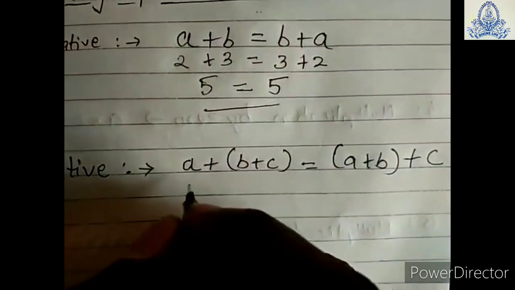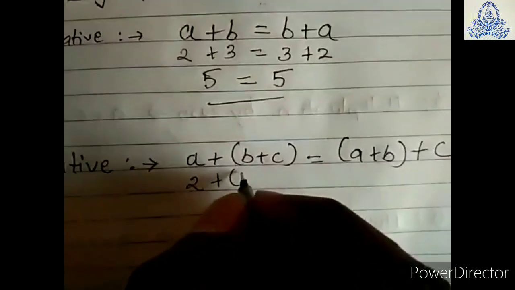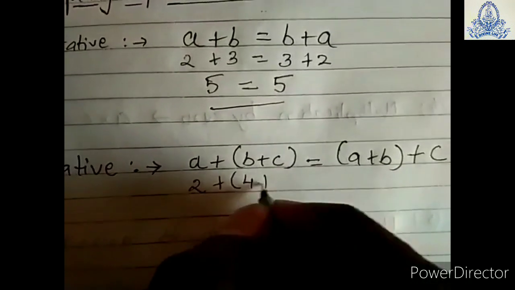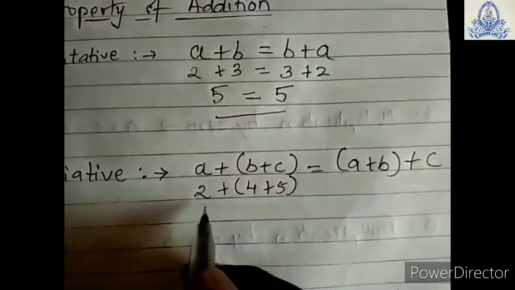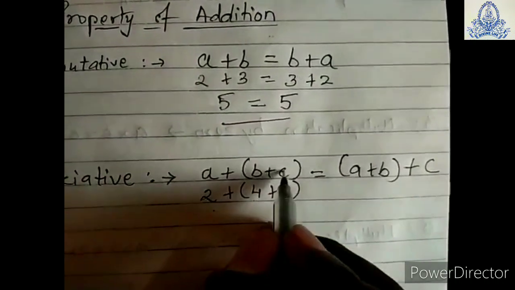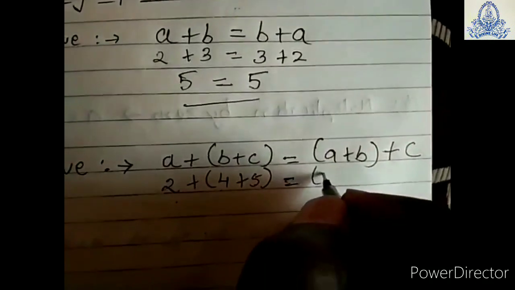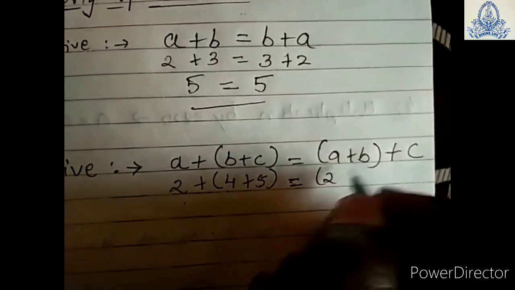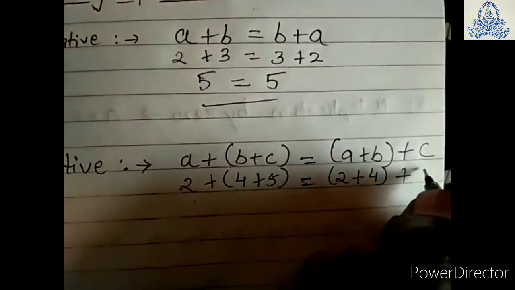We take a as 2, b as 4 and c as 5. The same numbers and digits we will put on the other side according to the property.